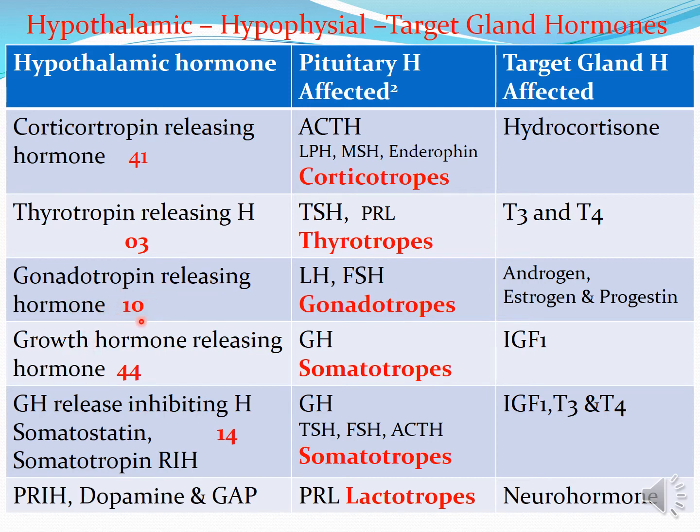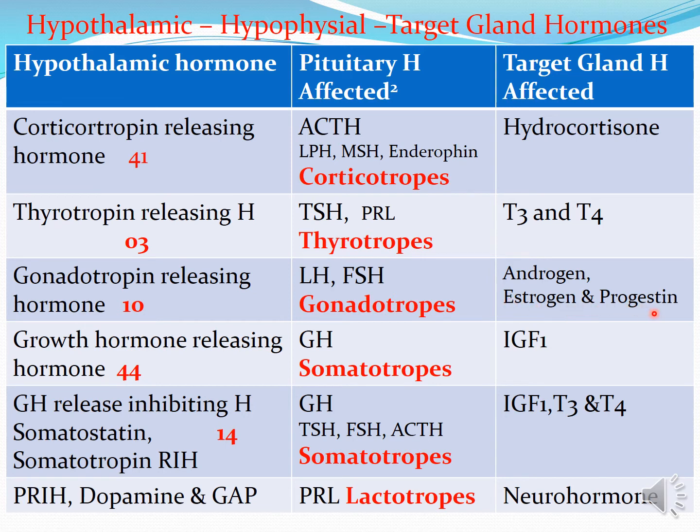The gonadotropin releasing hormone, having 10 amino acids, stimulates gonadotroph cells of the anterior pituitary to secrete LH and FSH. LH is luteinizing hormone and FSH is follicle stimulating hormone.